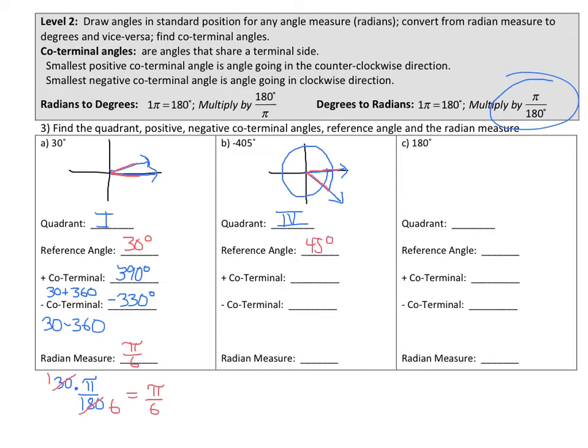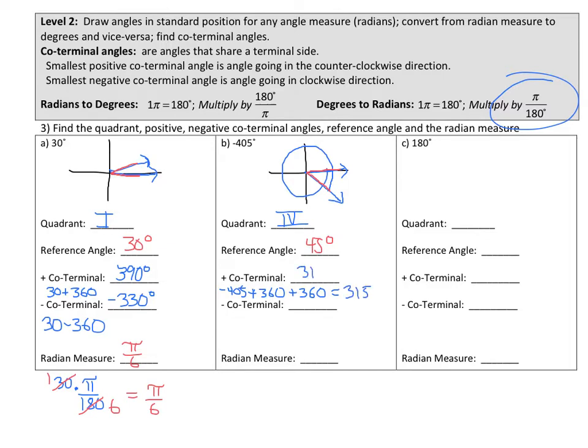The smallest positive coterminal angle: if I take negative 405 and add 360, I'm at negative 45. So I need to add another 360. Negative 45 plus 360 gets me to 315.